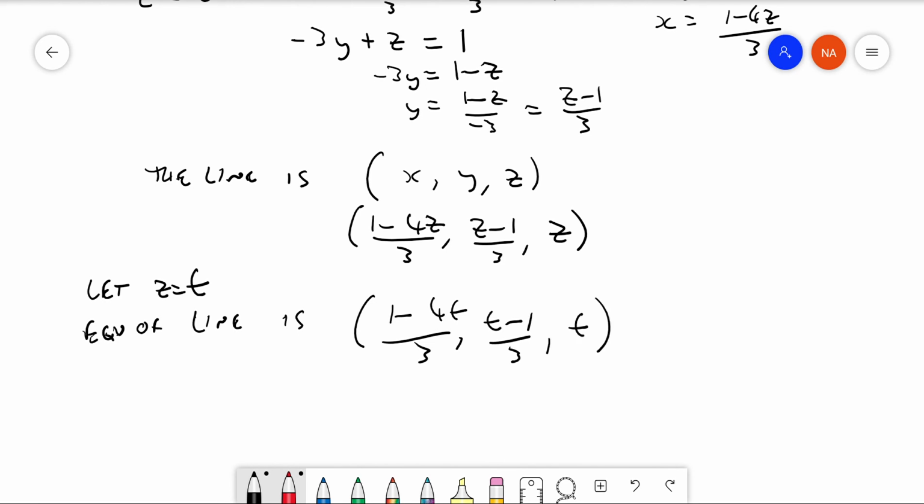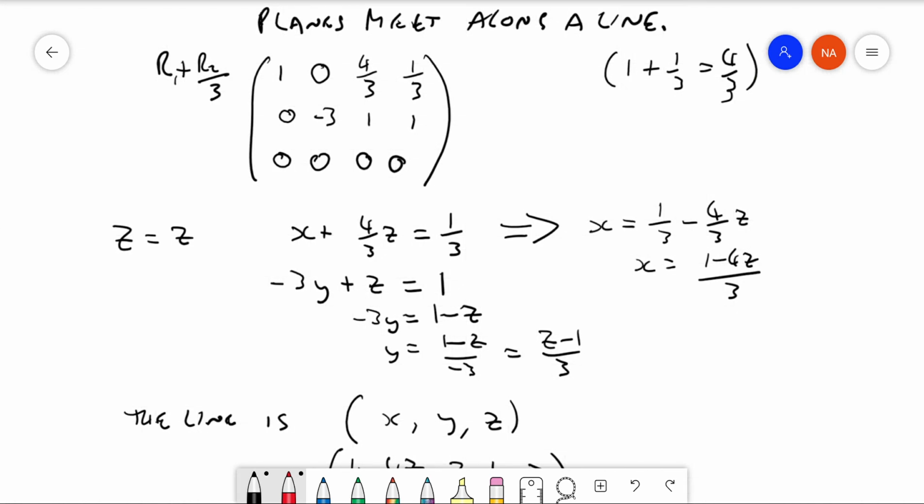So this is called the parametric form. You could have done it with Z's like I did originally. You didn't have to bring in a new variable, but very commonly people do bring in a new variable. T is the most usual one, and represent it that way instead of just using your Z's.